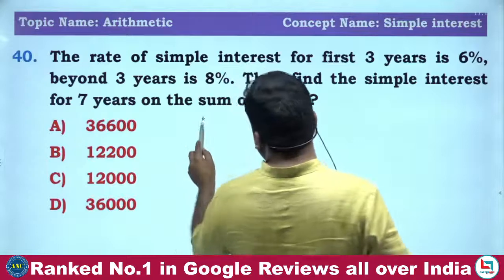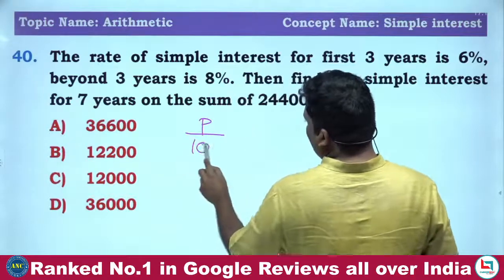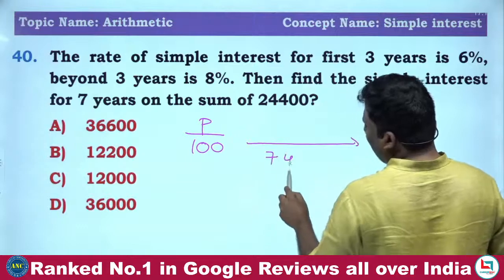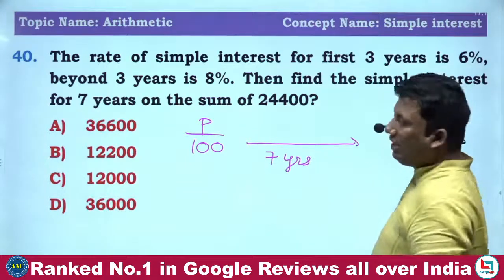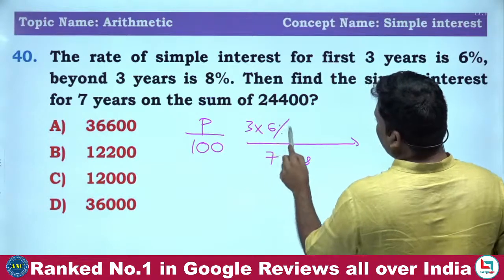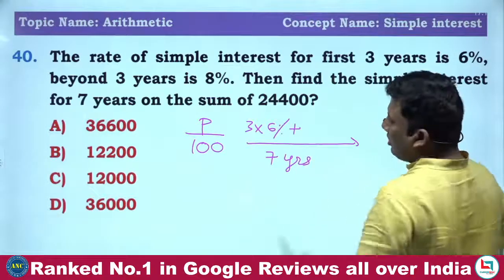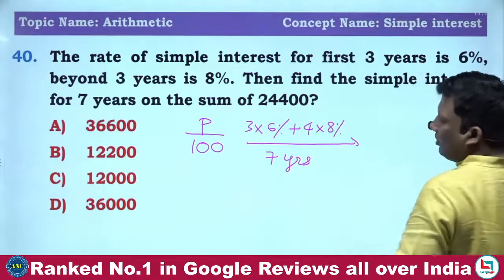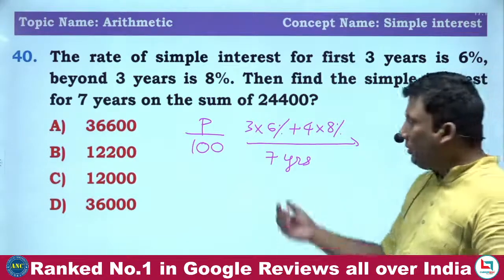That means if the principal is 100, I require totally 7 years. For the first 3 years, it is 6. Beyond 3 years, it is 8. I hope it is clear.